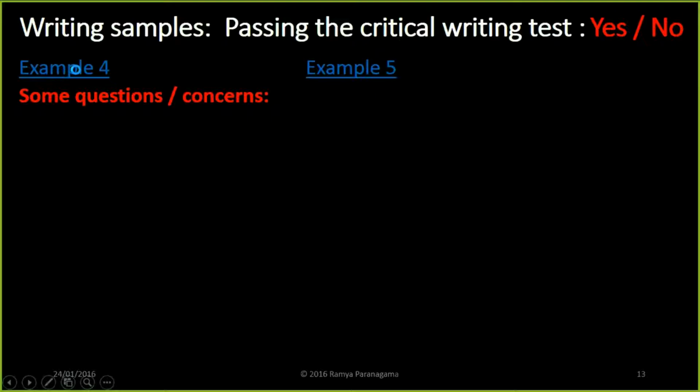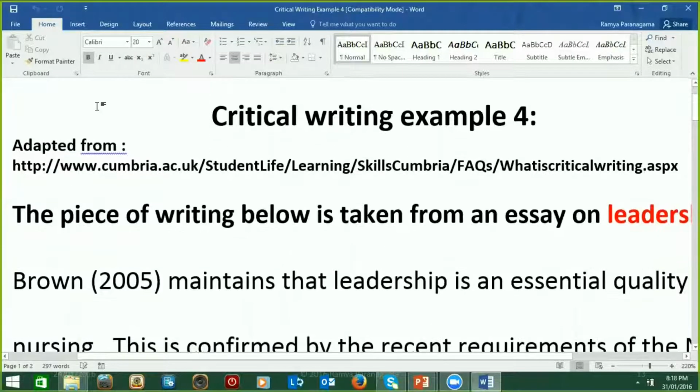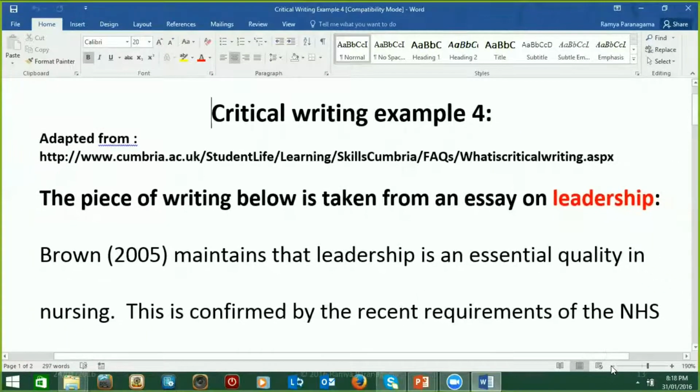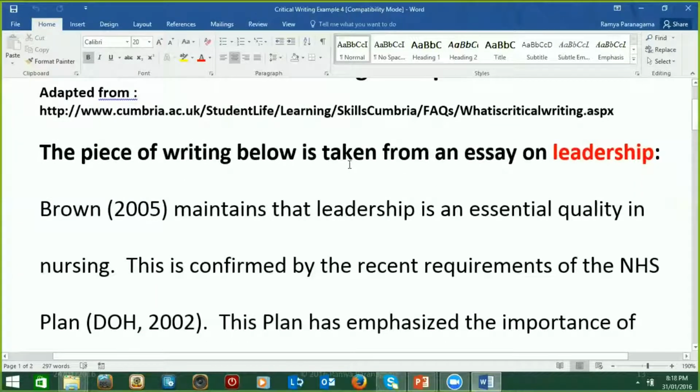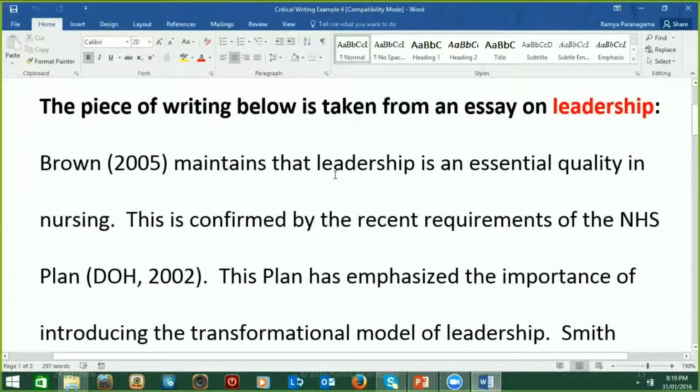I hope you can remember the first 3 pieces. Now this piece of writing is about leadership. I have adapted it from this website. If you look here, it says Brown, the author, maintains that leadership is, so the writer is writing and Brown is maintaining.